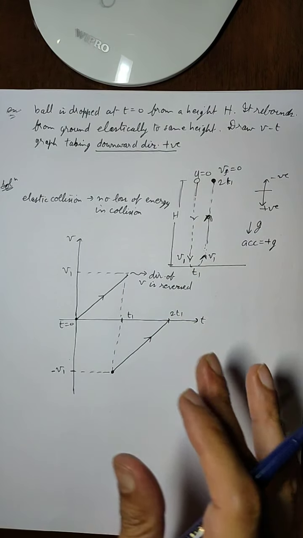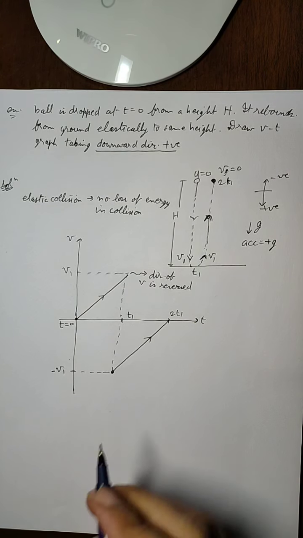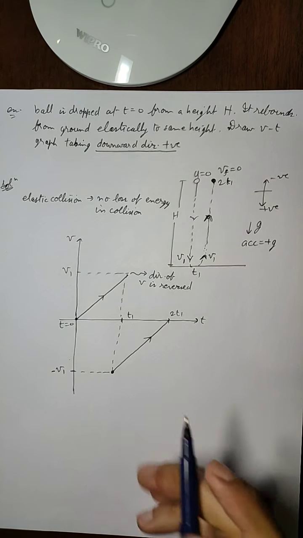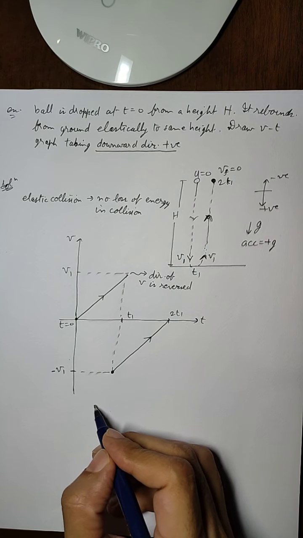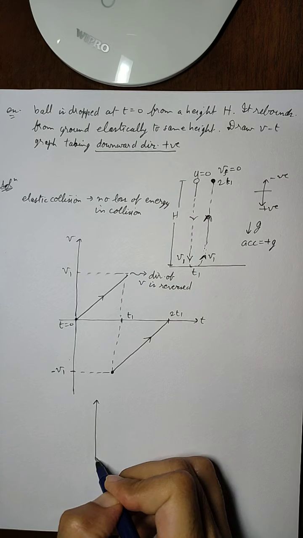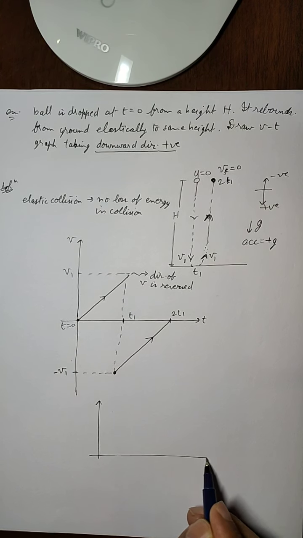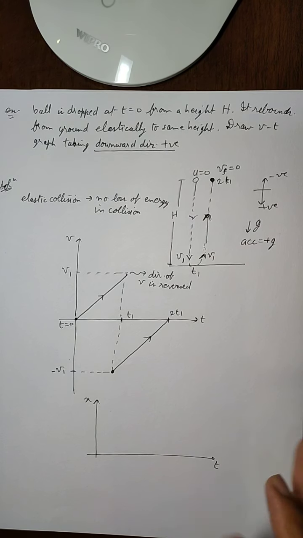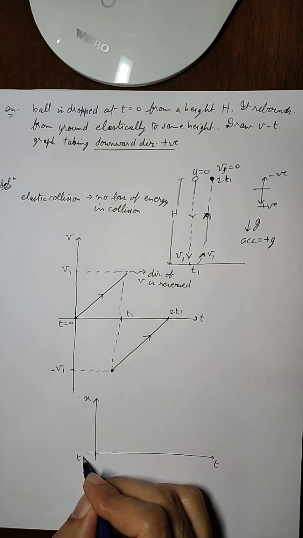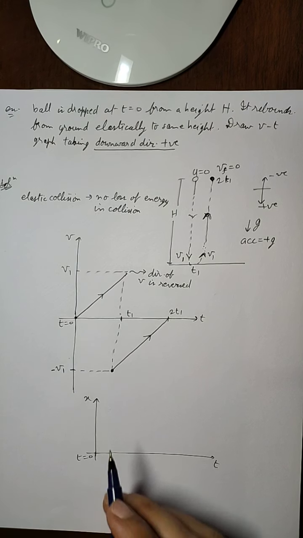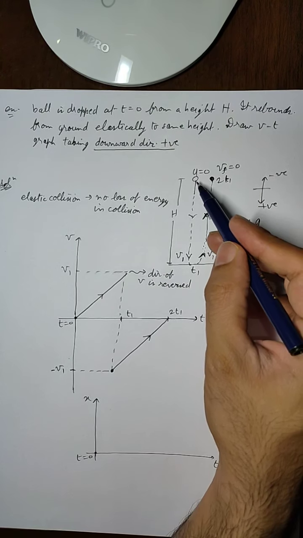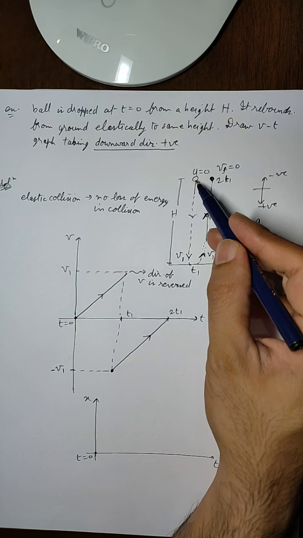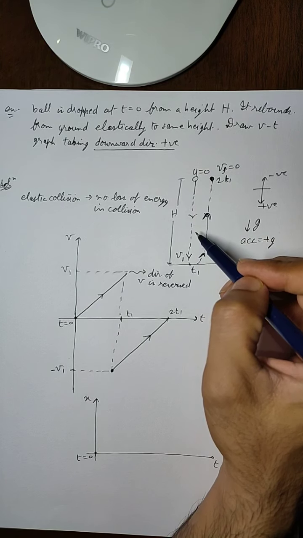Now it is not asked in the question, but suppose we want to draw the displacement time graph of the same situation. It is not asked, but let us do it anyway. If we draw the displacement time graph, then displacement starts from t equals 0, and the ball is coming downward.